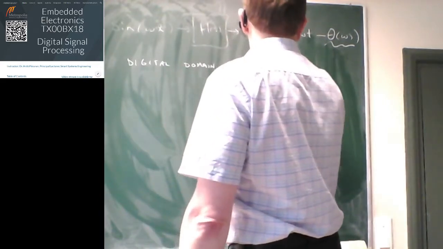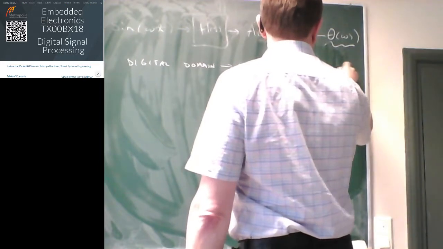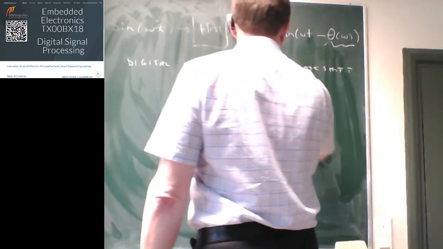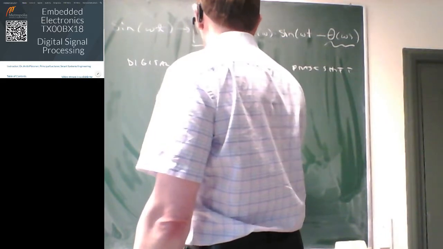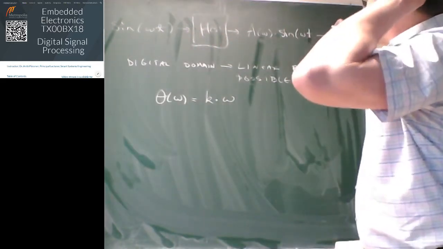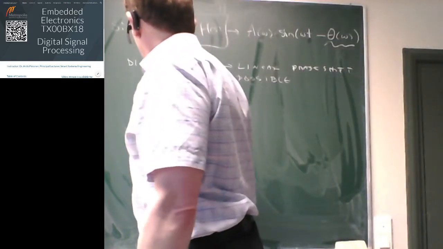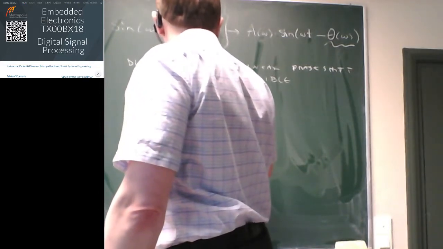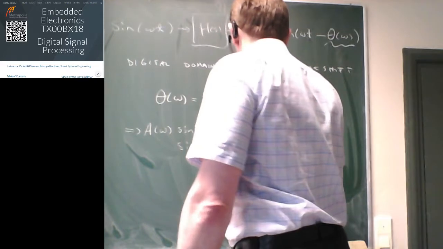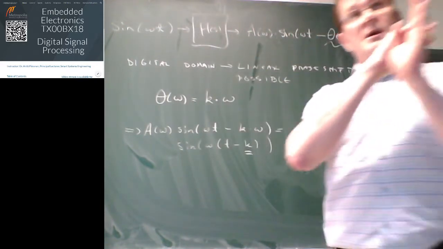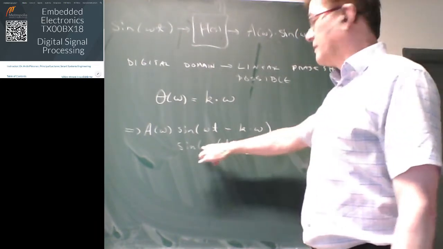And linear phase shift means basically that theta of omega is directly proportional to omega, which is quite nice, since then the output is sine of omega t minus k times omega, meaning simply that we have sine of omega t minus k, a constant time shift for the signal regardless of the omega.